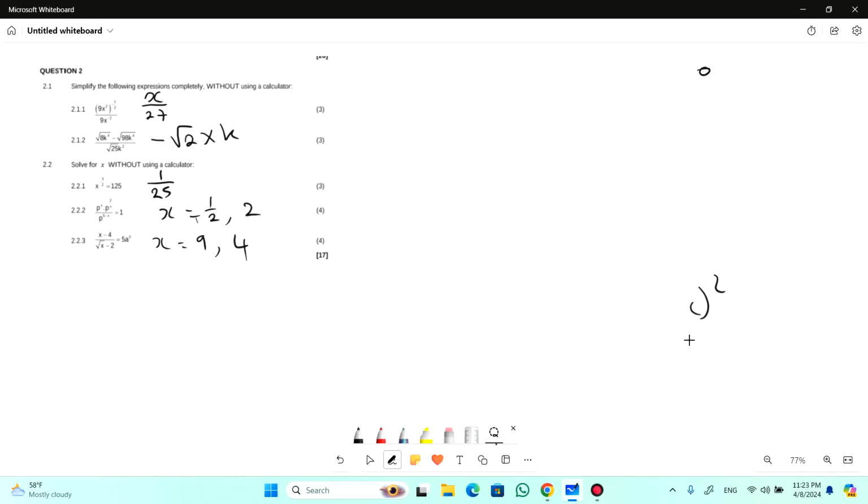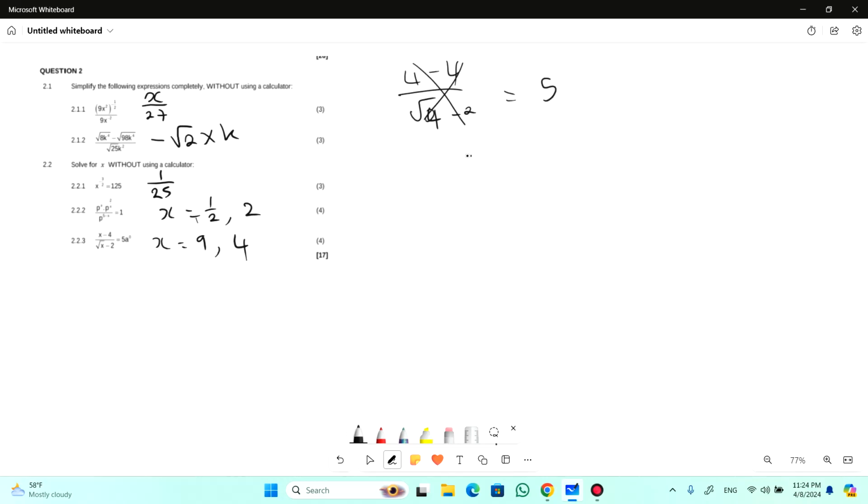So if I take the 4, it will give me 4 minus 4, which will automatically be 0, which is wrong in that case, because on the right hand side I have 5.